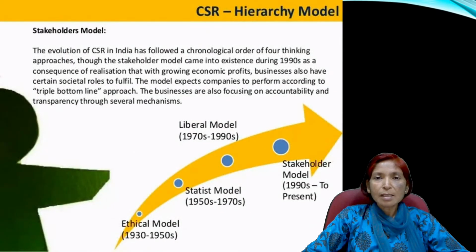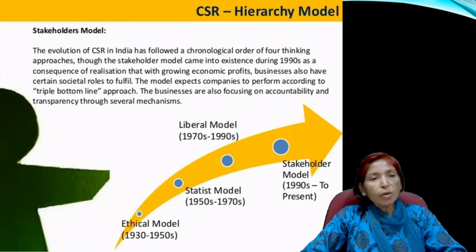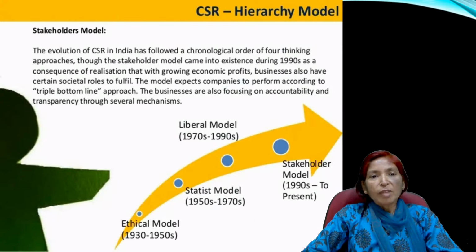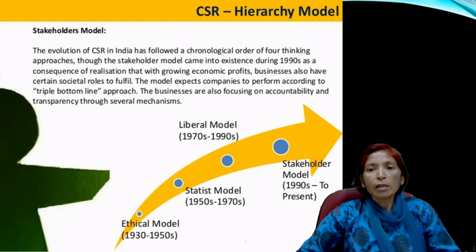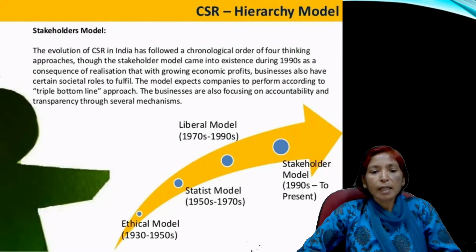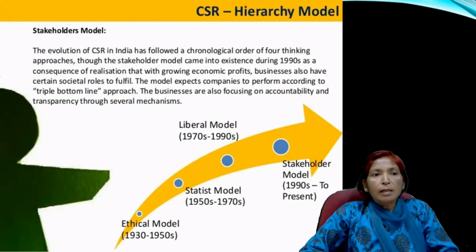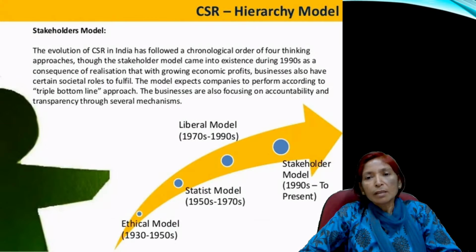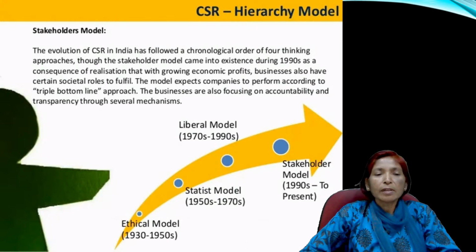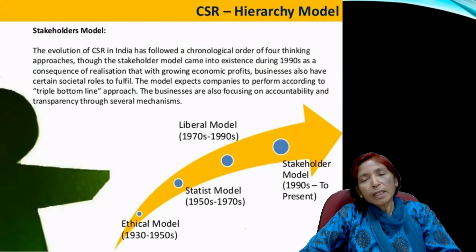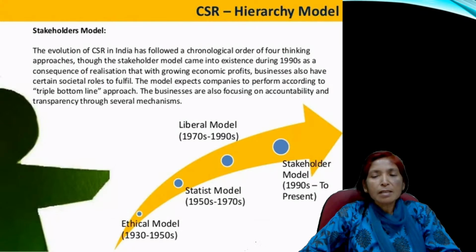Now next is the CSR hierarchy model, the stakeholder model. The evolution of CSR in India has followed a chronological order of four thinking approaches. The stakeholder model came into existence during the 1990s as a consequence of the realization that with growing economic profits, businesses also have certain societal roles to fulfill.